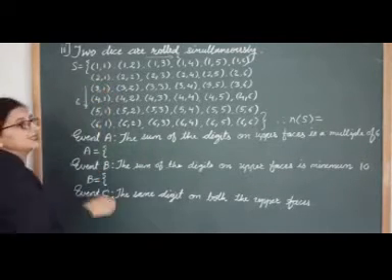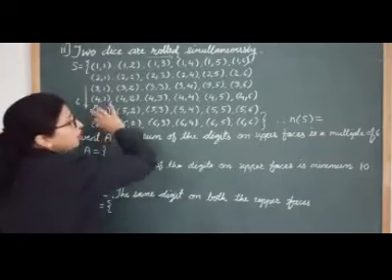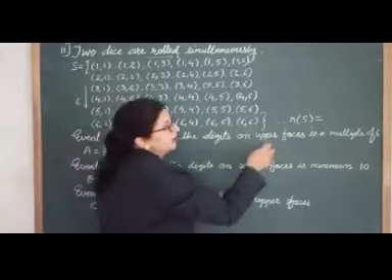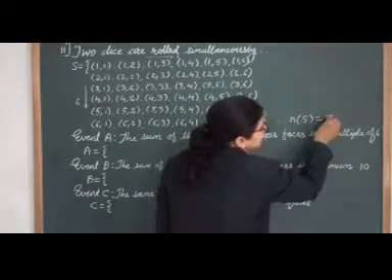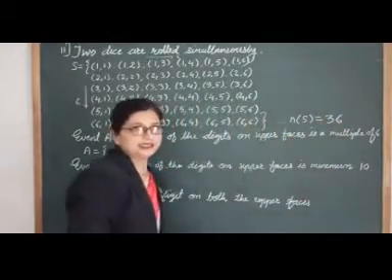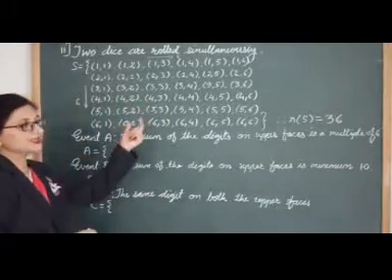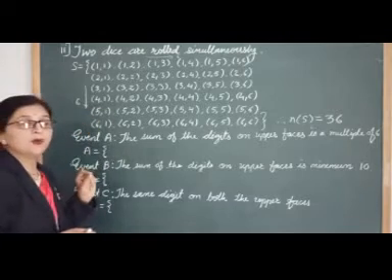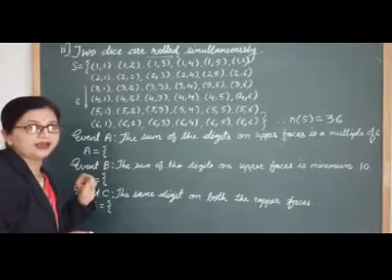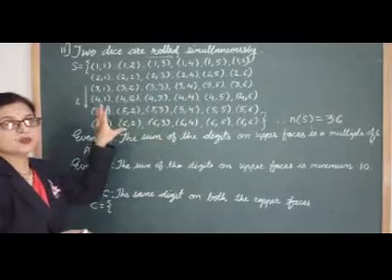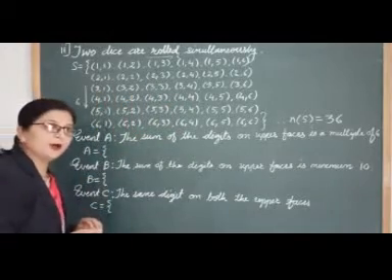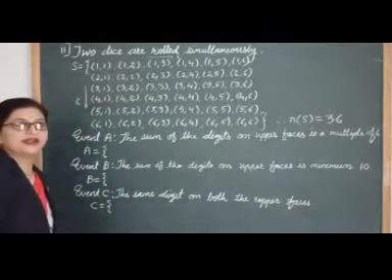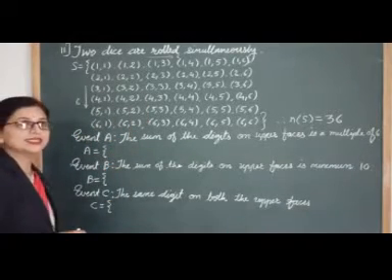So 6 times 6 is 36. So the number of sample points in the sample space is 36. As I told you in the previous example, we have to write each and every point of the sample space very carefully. So these 36 points we have to write very properly. Nothing is hard there. By applying the logic, we can write all these 36 points.